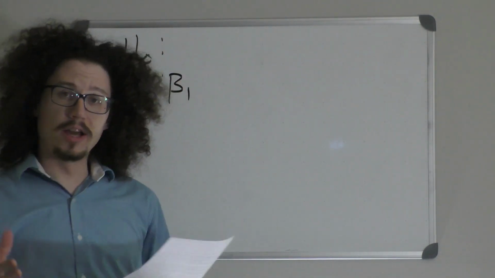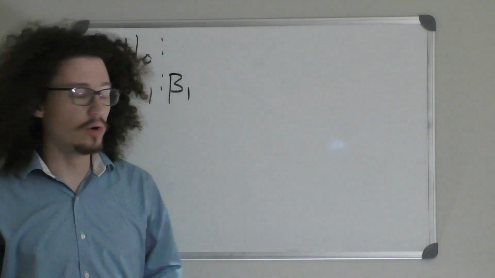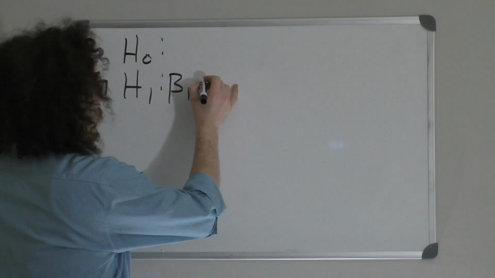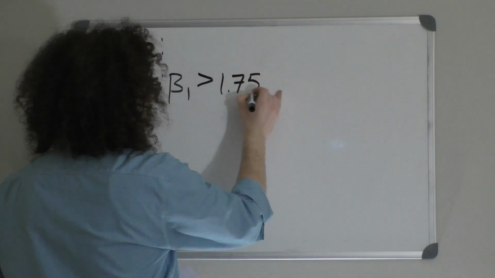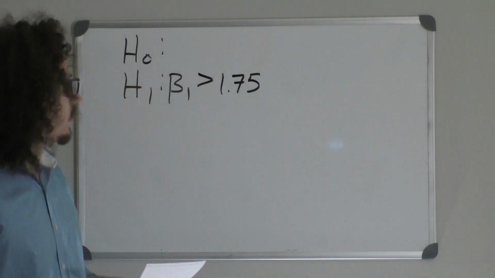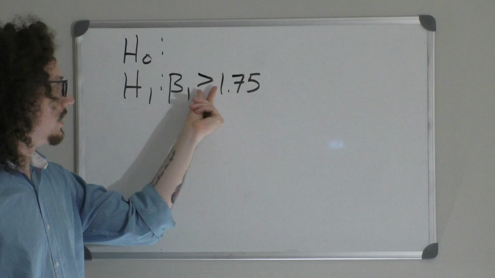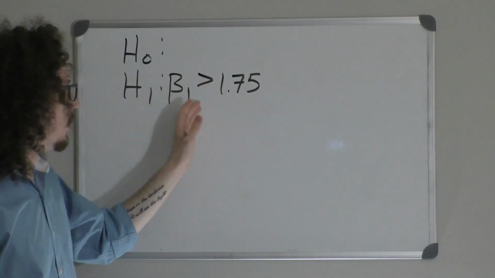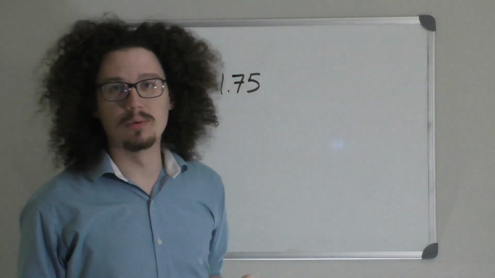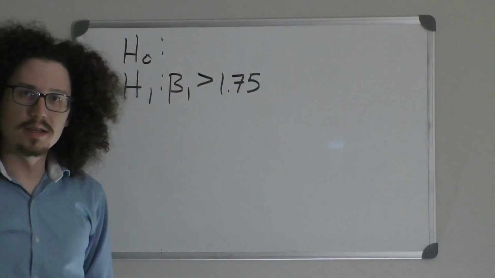So we're talking about education. That's the variable tied to beta 1. So we need to have beta 1, and then we're saying that it's more than a $1.75 increase, right? So increase, that's telling us that this is positive. More is telling us, since this is positive, this needs to be greater than, right? So continuing past that 1.75 in a positive direction.